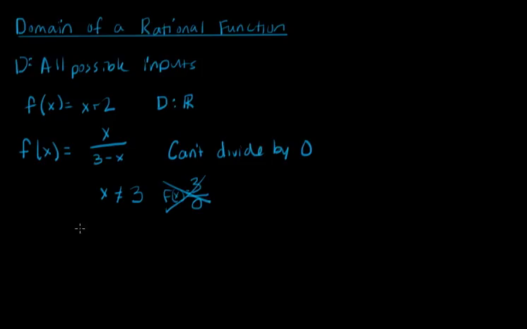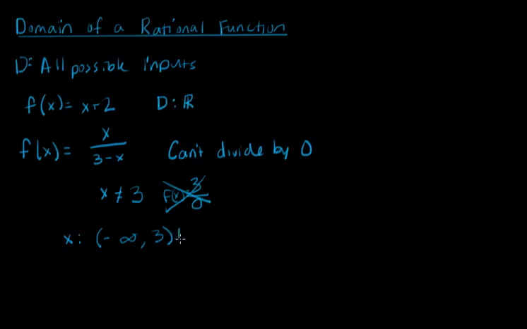So another way of writing that would be that the domain is all x values, so that x goes from negative infinity all the way up to 3, but not including 3. So we use parentheses to indicate that we're not going to include 3.